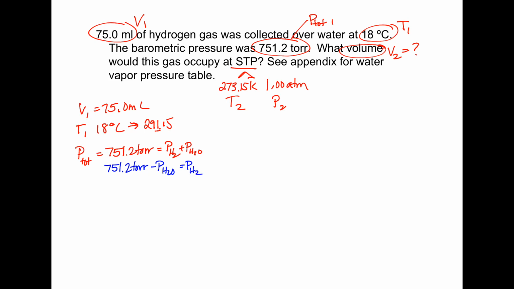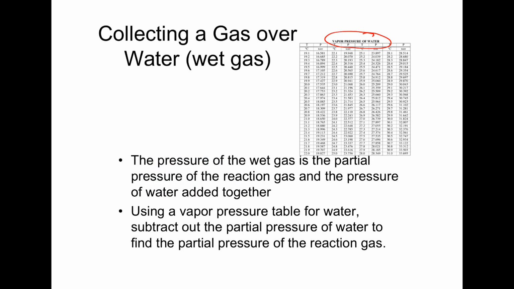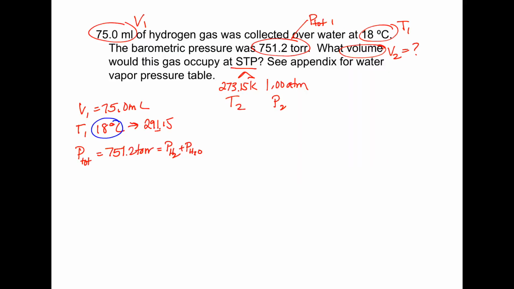So I need to look up the vapor pressure of water at the temperature. It's 18 degrees, and I'm going to go back to that table. This is going to be hard. At 18 degrees, this starts at 19.1, so we're not going to be able to use this table. I'm going to have to look up the partial pressure of water at 18 degrees.